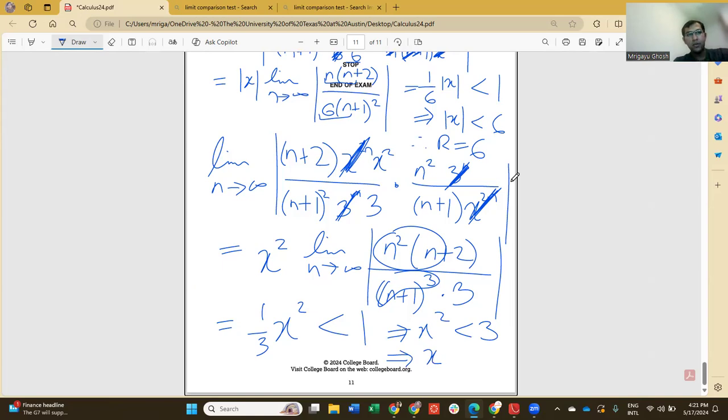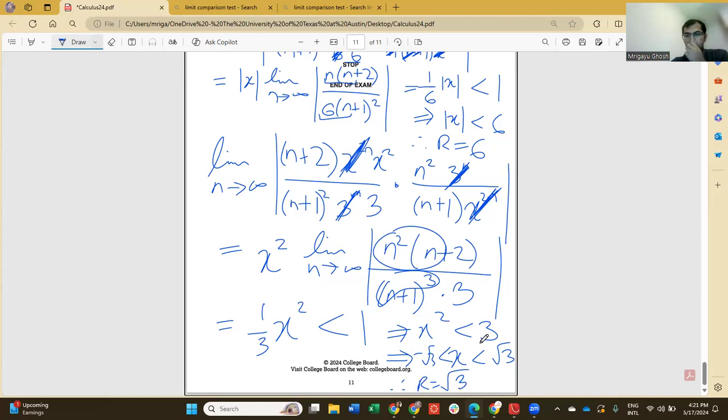Because if x squared is less than 3, that means x is actually between the square root of 3 and negative square root of 3, of course, barring the endpoints, because for the endpoints you'd have to do a different test. Yeah, I think this is what you'd have to do. And therefore, the radius of convergence, I think, would actually be square root of 3.